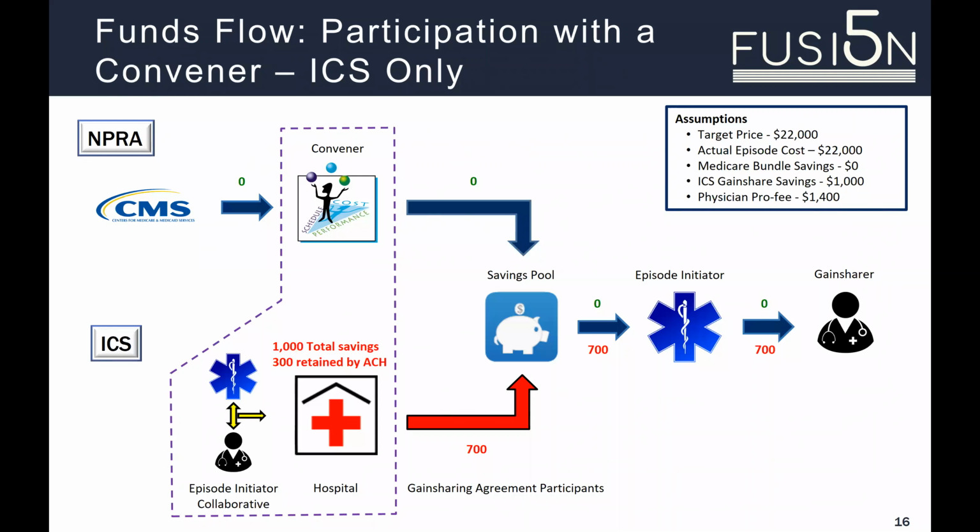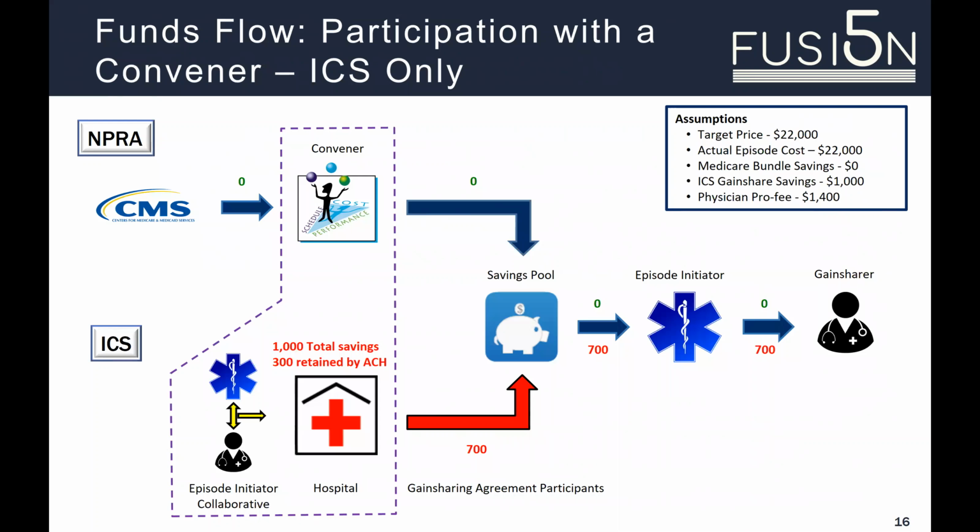Say you bring down your implant costs, medical supply costs, your surgical kits, etc. All of this can be carefully accounted for and fall under the generous rules that Medicare has provided us for internal cost sharing. And let's say that you had $1,000 in savings.